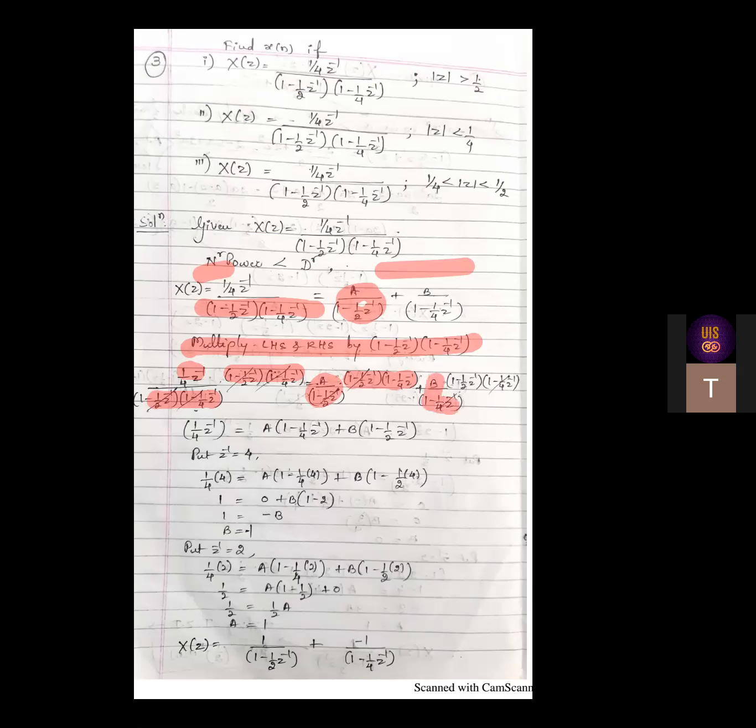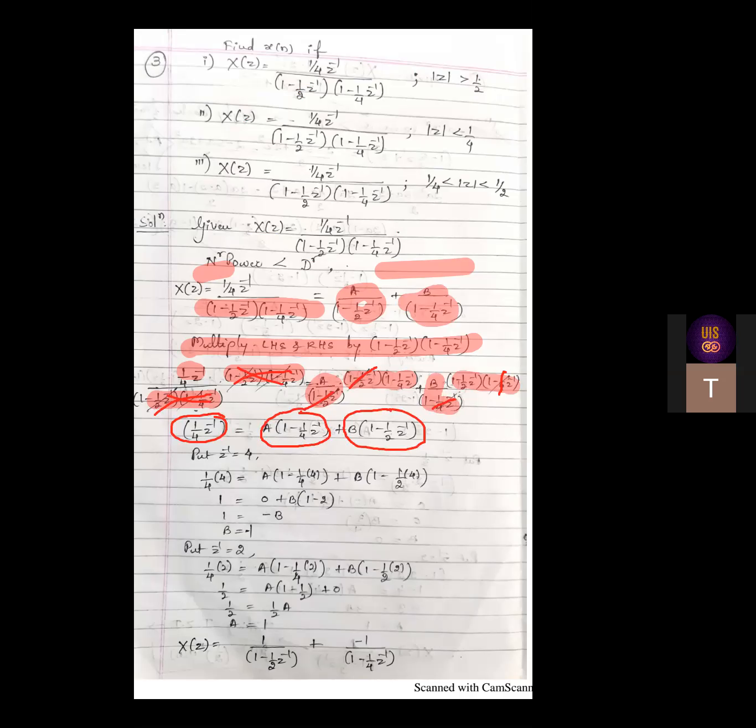Similarly, B divided by this is the same, and we multiply by the complete two factors. If we proceed further, one bracket will go here, and one more bracket will go here. Now what remains is the numerator equal to A into one bracket plus B into one more bracket.